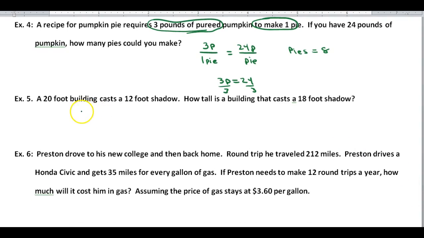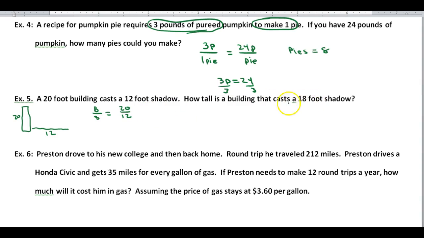Alright, example 5. A 20-foot building casts a 12-foot shadow. So you have the building and then the shadow down here. You know the building is 20 feet, the shadow is 12. So if we go height of the building to length of the shadow, that is a 20-foot building to a 12-foot shadow.